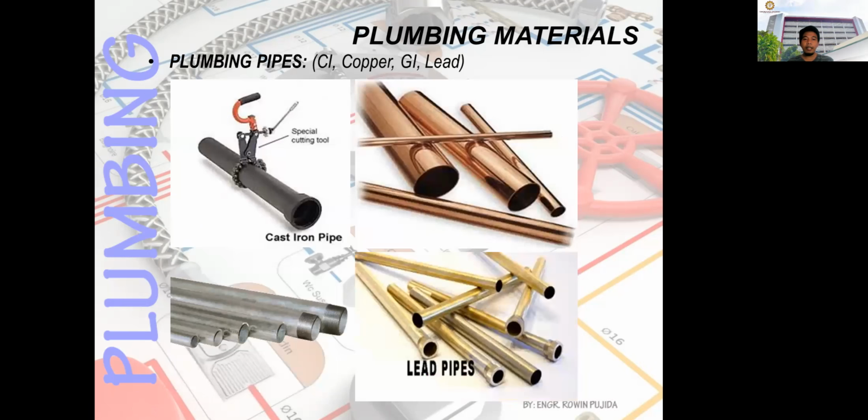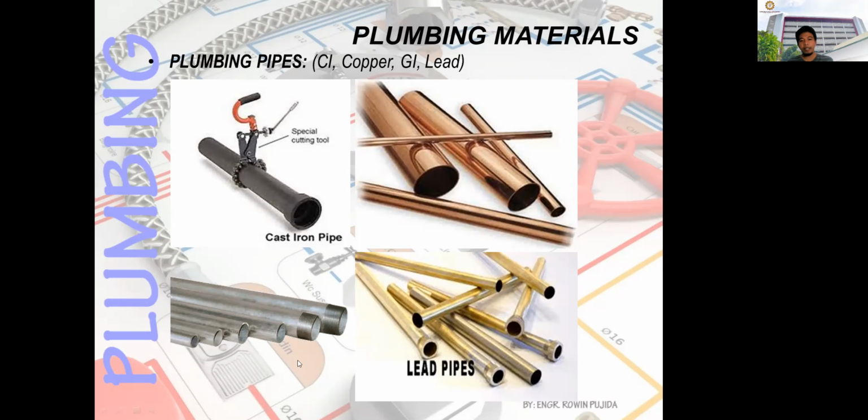So next is the cast iron pipes. So this is the cast iron pipes, and you have here the hub. This is what you call the hub, and that other end of the pipe is hubless. This is also a copper tubing, and then this is the galvanized steel pipes or galvanized iron steel pipes.